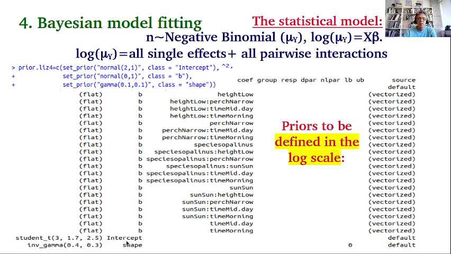The intercept is the log of the mean of the response variable for the reference values of the categorical explanatory variables, and I'm going to use a normal prior with mean 0 and a standard deviation of 1, meaning that 95% of the values of all the coefficients in class b are expected to be between minus 1.96 and plus 1.96, and I use a gamma distribution for the class shape.